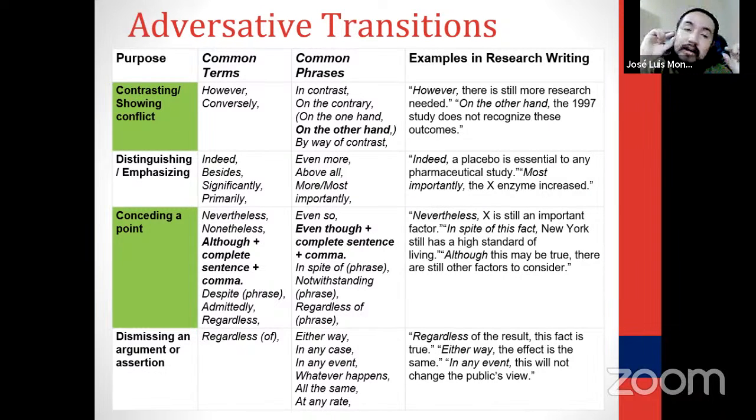Complete idea, period, semicolon, common term or common phrase, comma, the second complete idea. Right, that's very important.